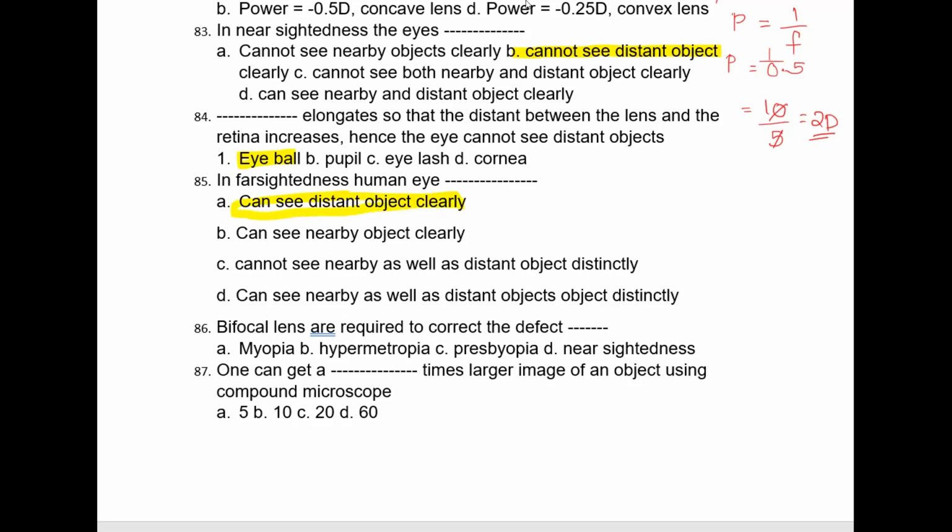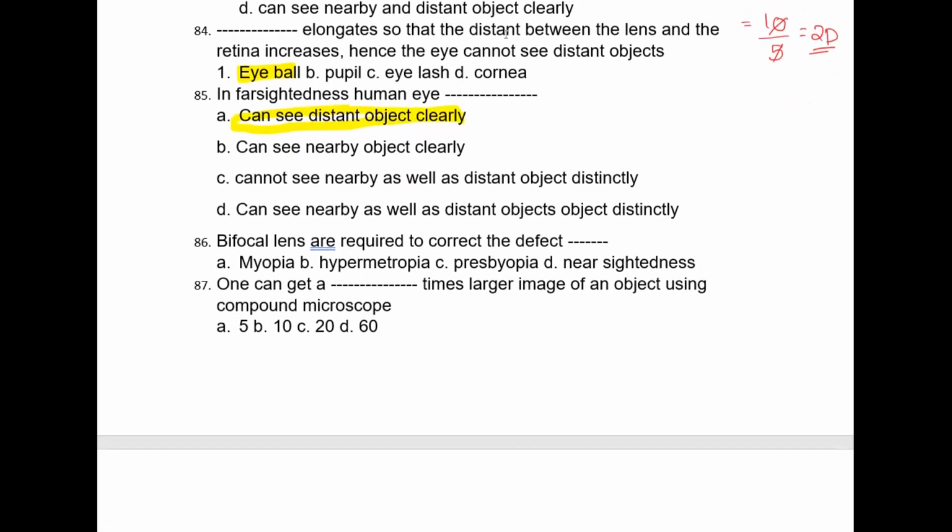Next question is, bifocal lenses are used to correct the defect dash. Myopia, hypermetropia, presbyopia, nearsightedness. We know bifocal lenses are used to correct presbyopia. Option C. One can get a dash times larger image of an object using a compound microscope. 5, 10, 20, 60. The answer is 20 times larger image.